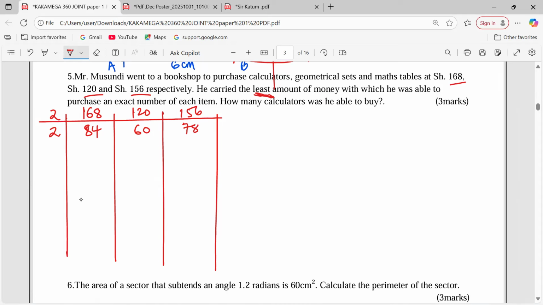Then by 2 again, this gives us 42, 30, 39. By 2 once again, 21, 15, 39. By 3, because 2 cannot divide anything now, we go to 7, 5, 13.